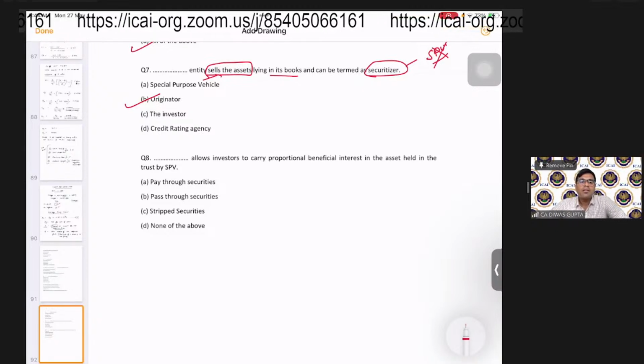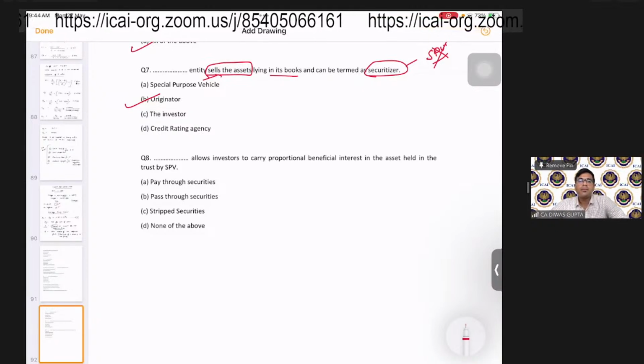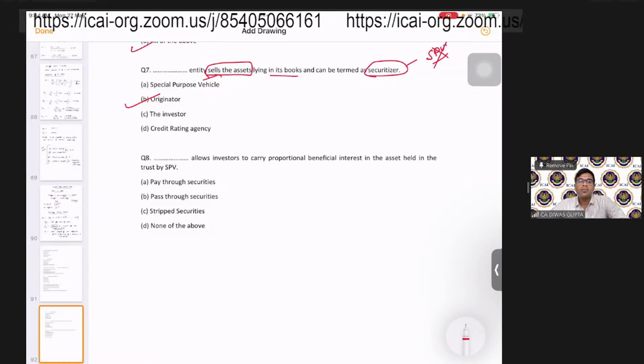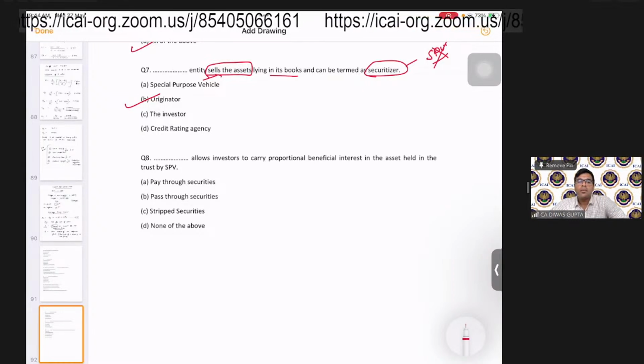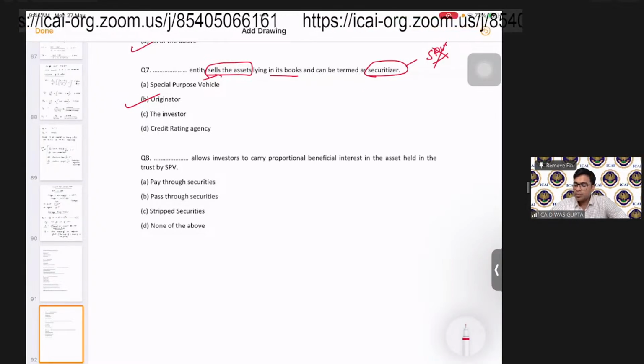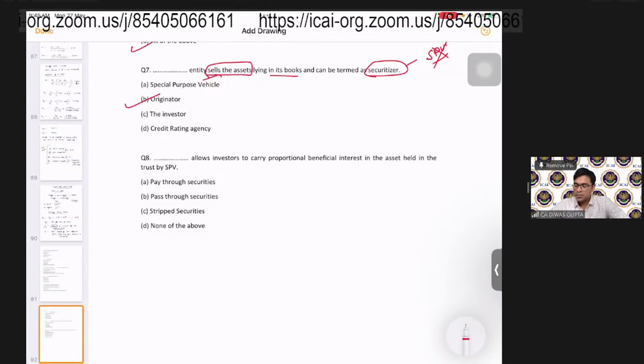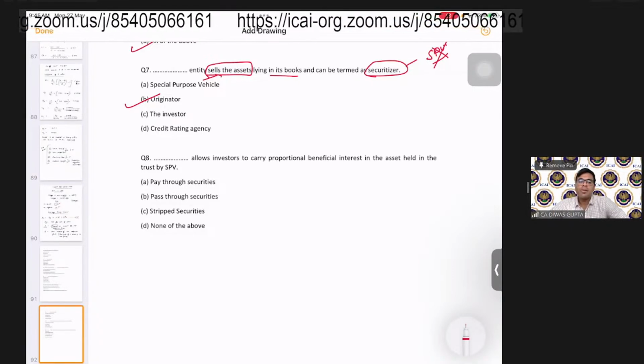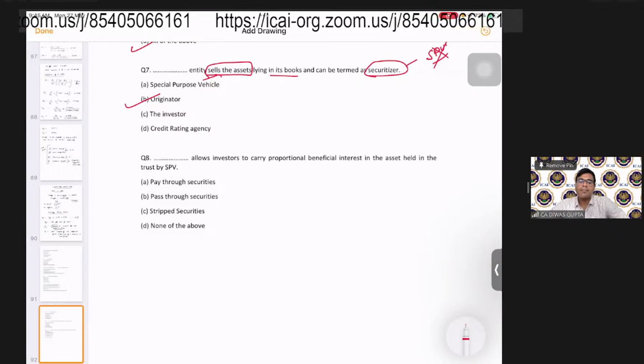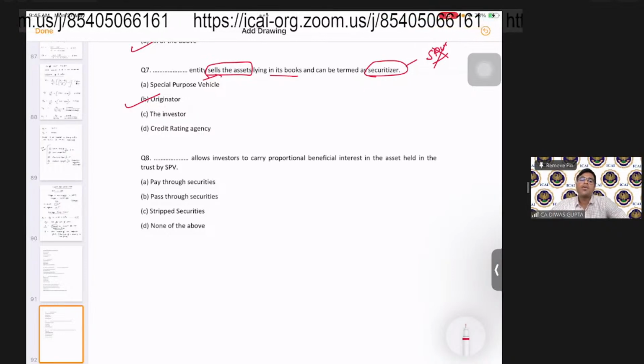Yes, others, please respond. Dash allows investors to carry proportional beneficial interest in the assets held by the trust by SPV. Yes, very good, Viraj.